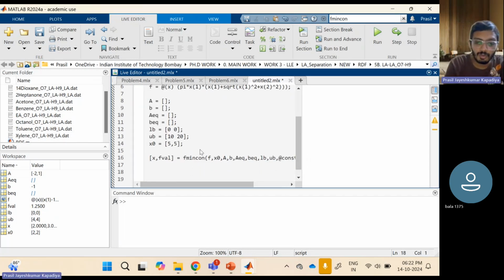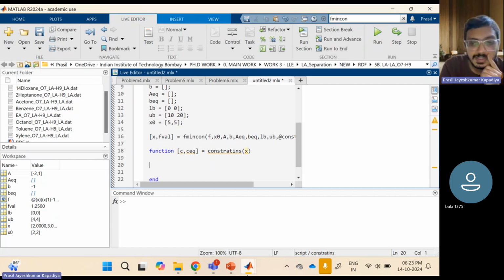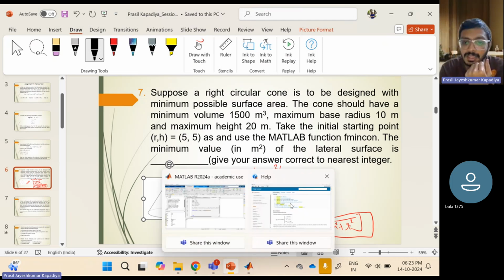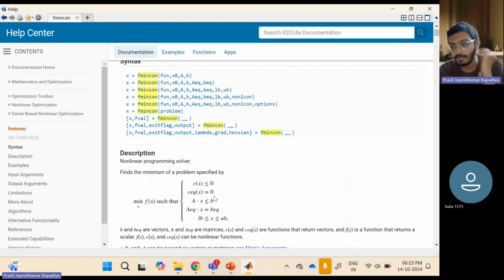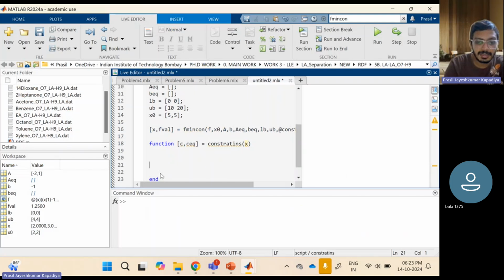So my constraint function is defined as follows. What do we have in constraint? C and Ceq, that is equal to constraints of x. So we have C or Ceq. My first constraint is pi r square h by 3 minus 1500. My second constraint, Ceq: there is no other constraint than that, nothing equal to 0, so Ceq is a null matrix.